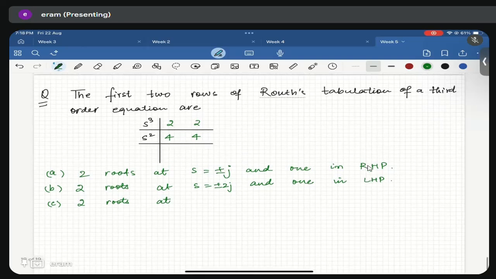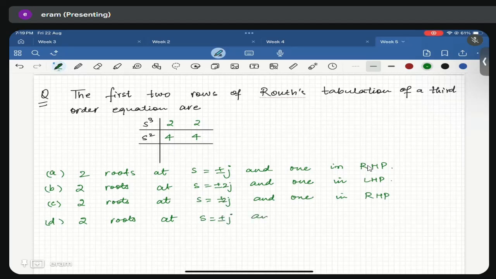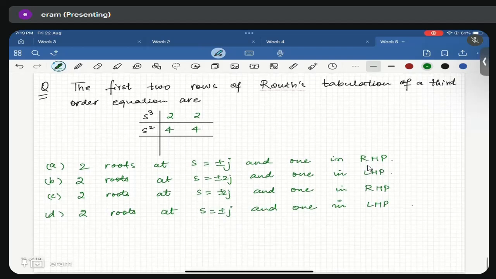Okay, let me write all the options first. This is the Routh table with two entries, two rows.